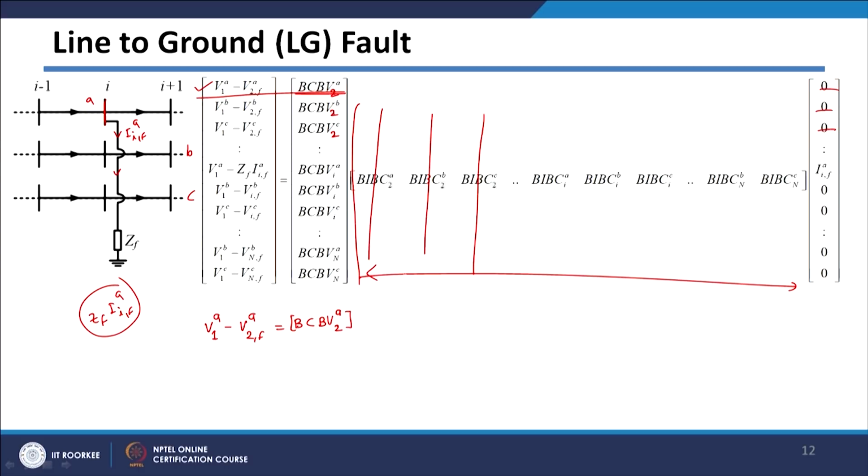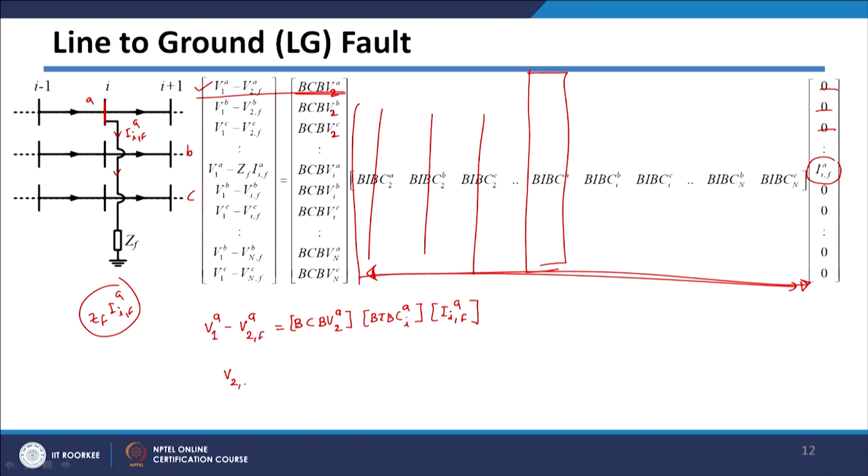So, yes, immediately we can write this total part as just the multiplication of the column which corresponds to this IF. So, basically corresponding to IF, you have this column here, which is BIBC IA, multiplied by your IF, and we can easily write now.